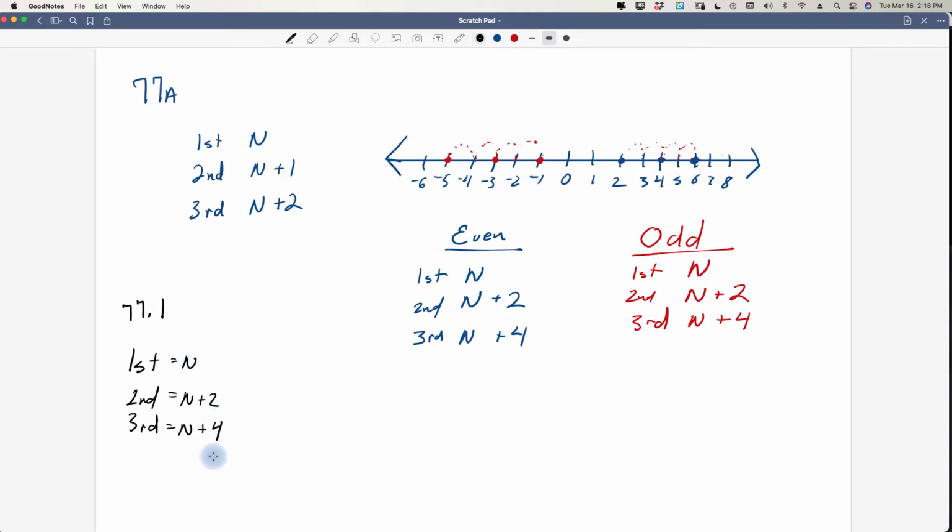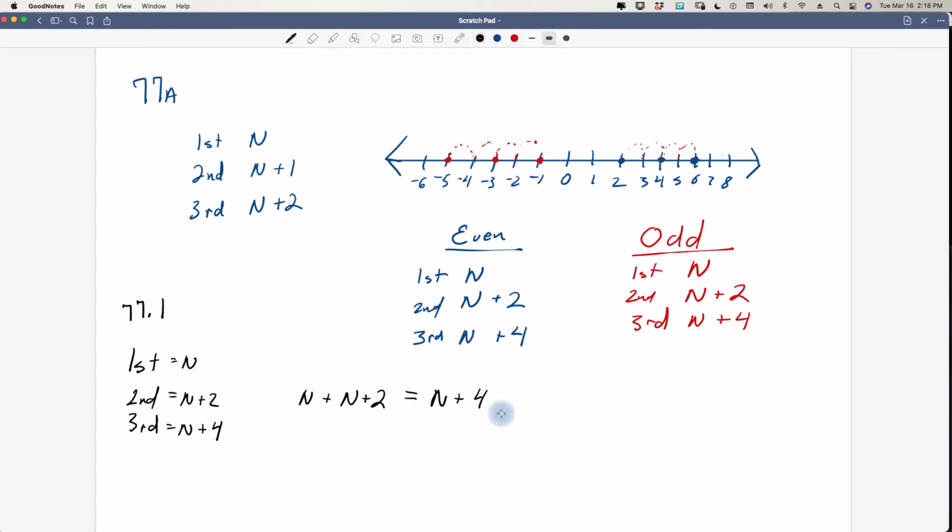All right. Find 3 consecutive even integers such that the sum of the first and second, so the first and second, that's 2n plus 2, equals the sum of the third and -10. Okay. Now if you wanted to, you could write that -10 like that, but it's just going to be the same thing as -10.